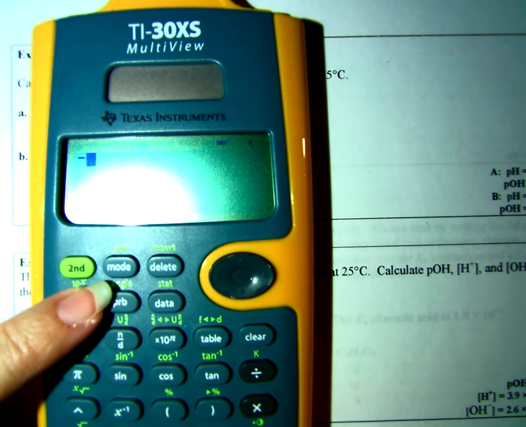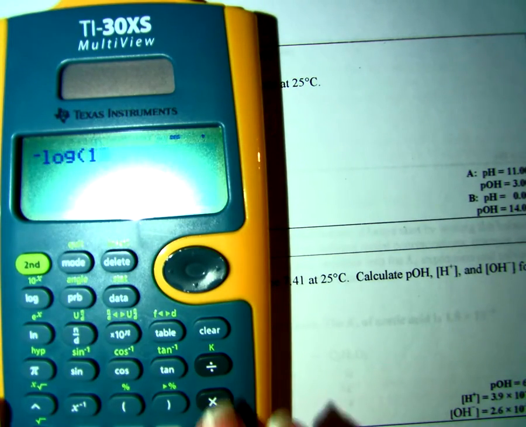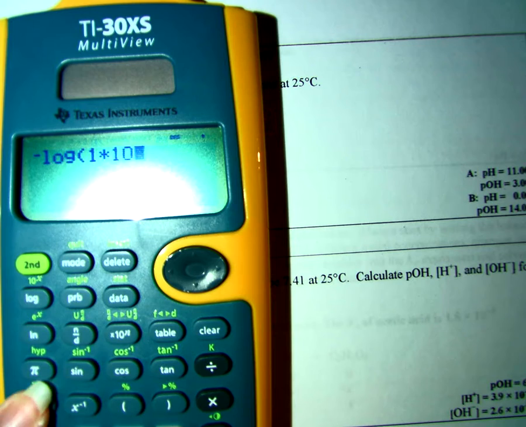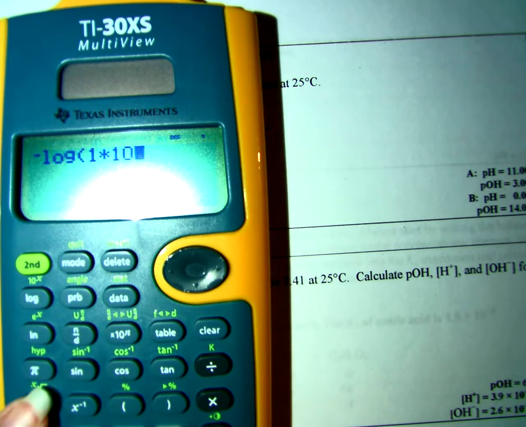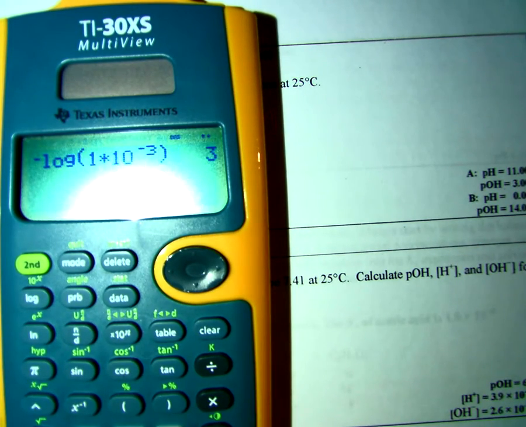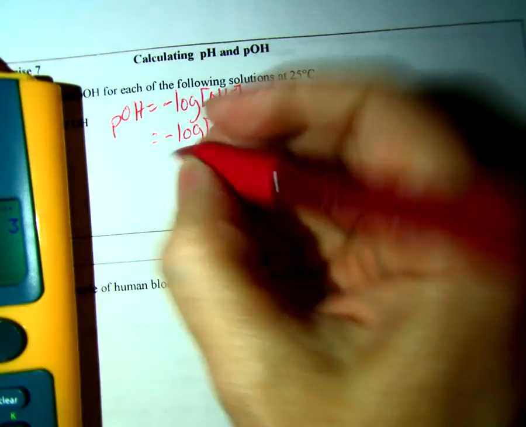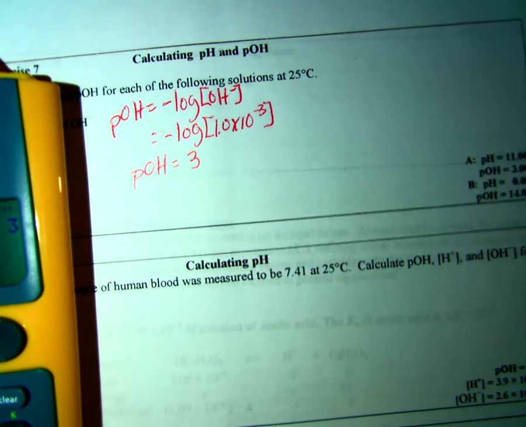You're going to say negative log, put in your number, 1 times 10 to the negative 3, and you're going to get 3. So pOH equals 3.